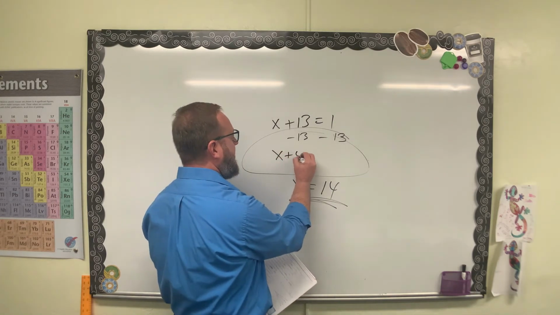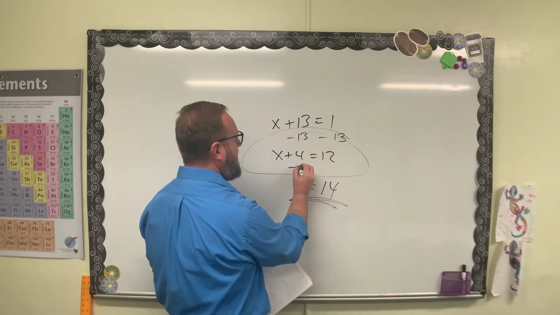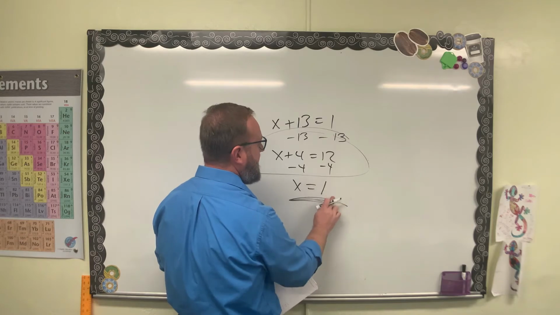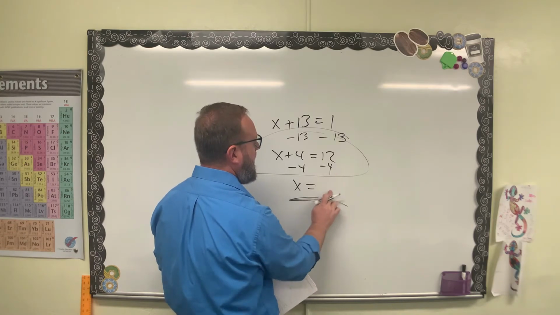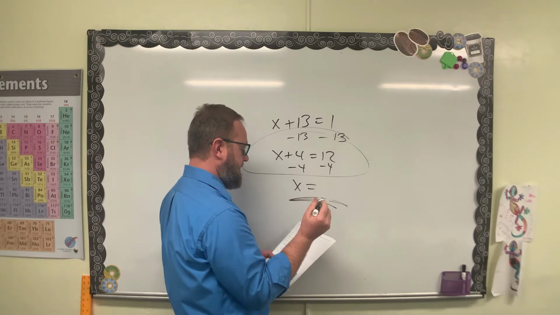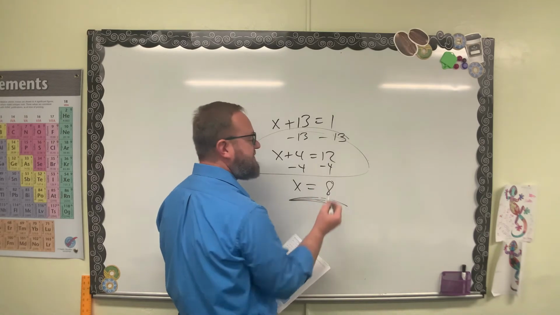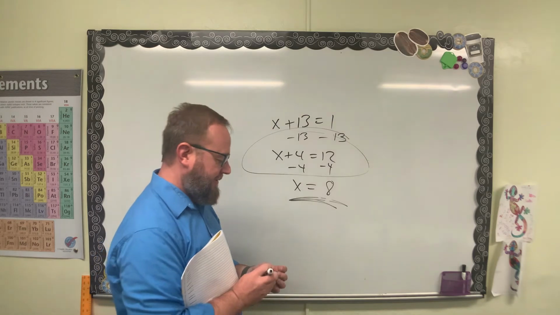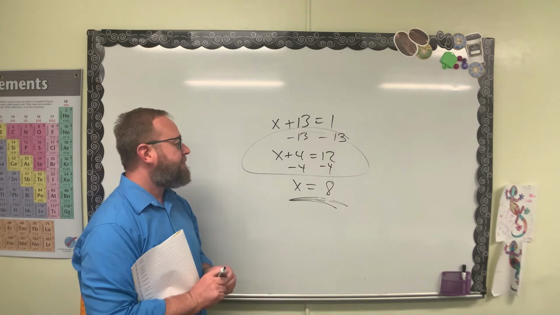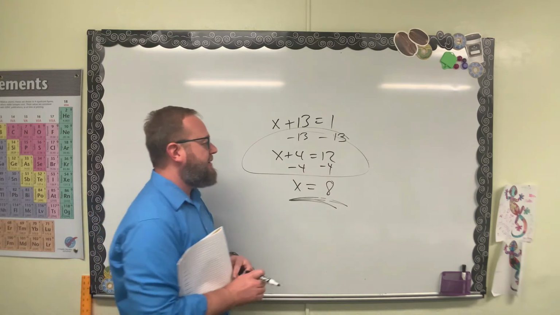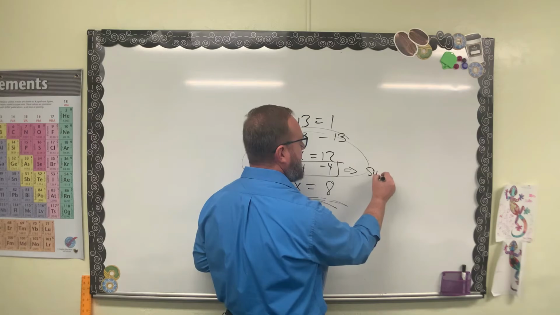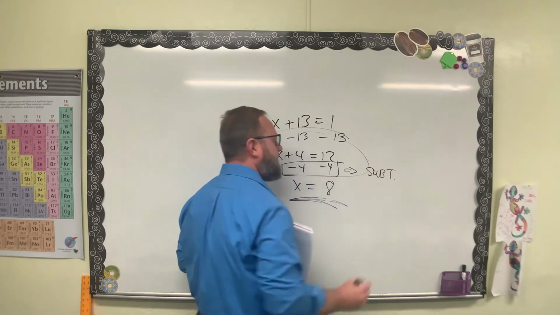So I subtract 4 from both sides to get not 14, but 8. It gives you that. You're not actually doing that math, but hopefully you can take 4 away from 12 and get 8. But the property that I used happened right here. That was the subtraction property.